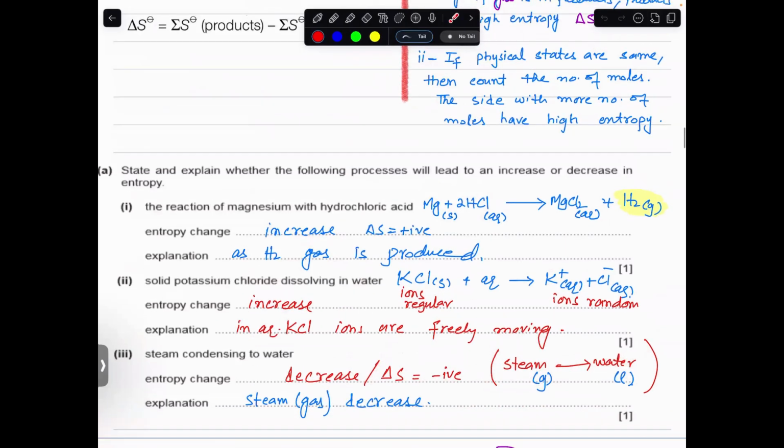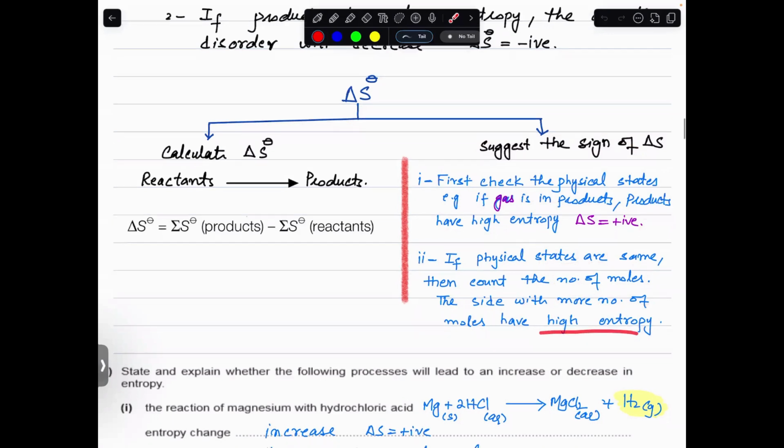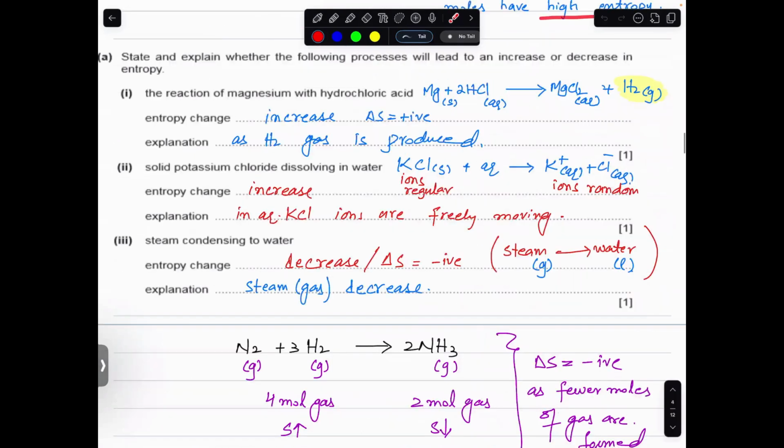So what is your first criterion to suggest the sign? First check the physical state. If gas is in the product, the product has more disorder. But if the physical states are the same, then count the number of moles. The side with more moles has high entropy. Look at this question.